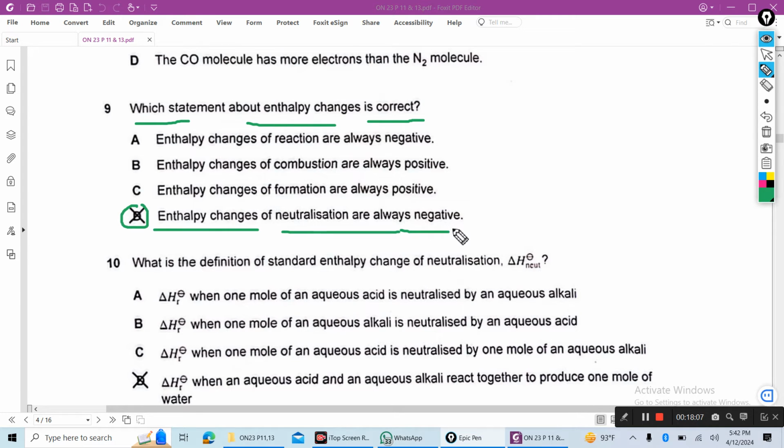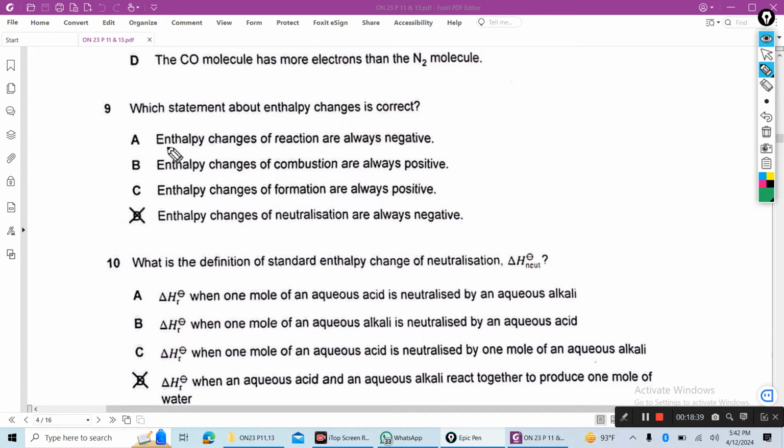That means enthalpy of neutralization is exothermic, because in any neutralization reaction, hydrogen ion reacts with hydroxide ion to form water. So here bonds are formed. That's why this is always exothermic. I mean, enthalpy changes of neutralization are always negative.